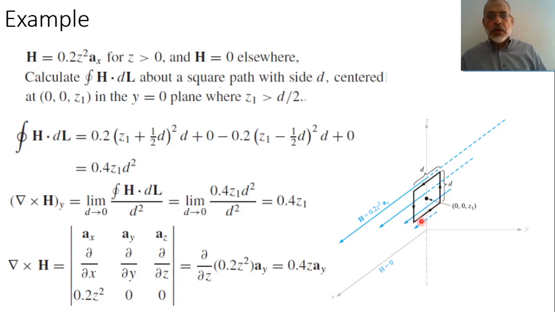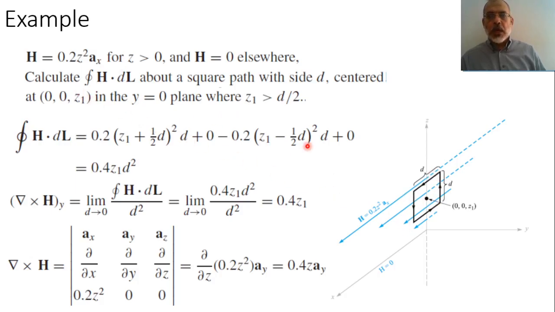So the arms in the z direction would be dz in the z direction. If I'm going to dot product with ax, it would be 0. So the two arms along the z direction would be 0.